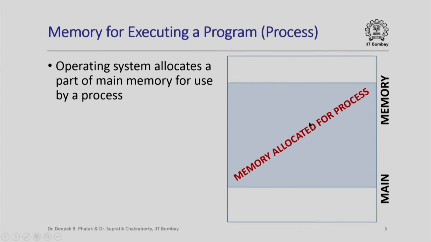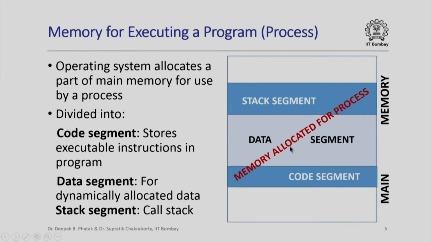Now this memory in turn is divided into 3 segments: the code segment which stores the executable instructions in the program, the data segment for dynamically allocated data, and the stack segment which stores the call stack, which has the activation records of all functions that are called in the program, and each activation record, if you recall, has memory allocated for all local variables of the corresponding function.